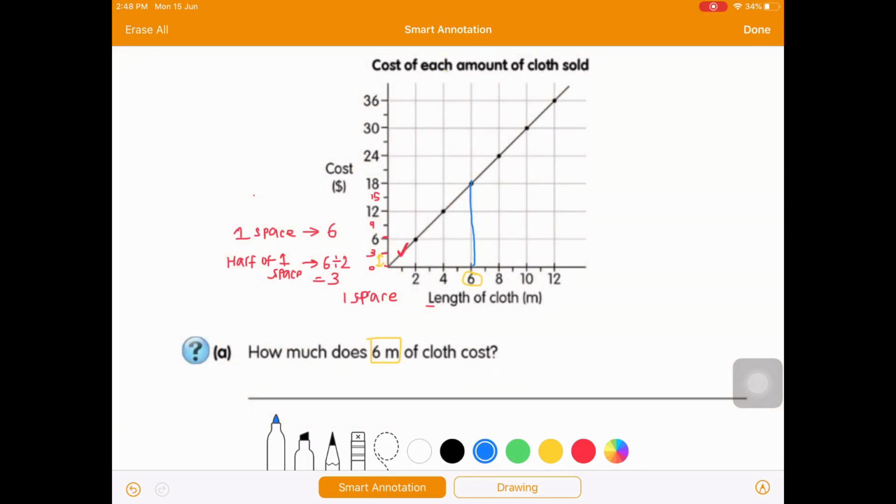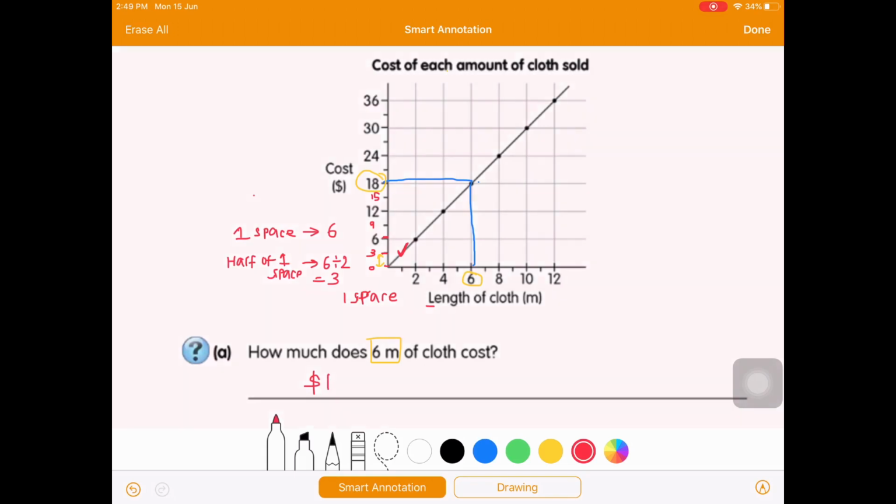After I have touched the line graph, I need to draw it across to touch the scale. So I have found that 6 meter of cloth cost $18.